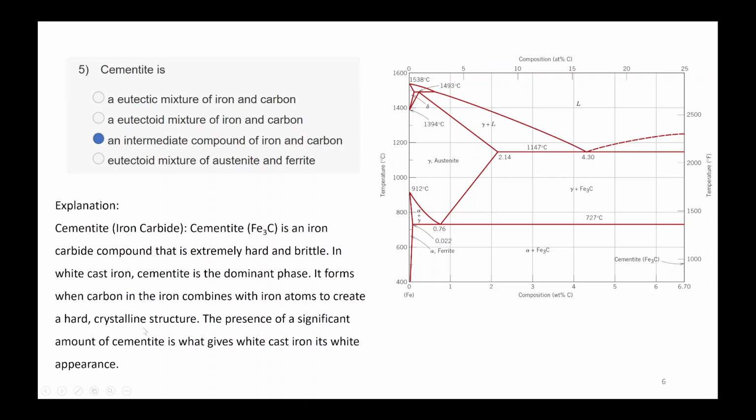Okay, so the presence of a significant amount of cementite is what gives white cast iron its white appearance.